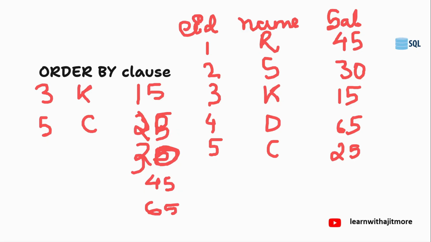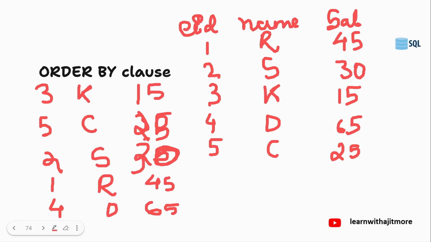Okay, 15, 25, 30, 45, 65. So 15 goes to Krishna. Now who was 25? Okay, that is right. 30 to Sita, 45 to Ram, and 65 to Damodar.